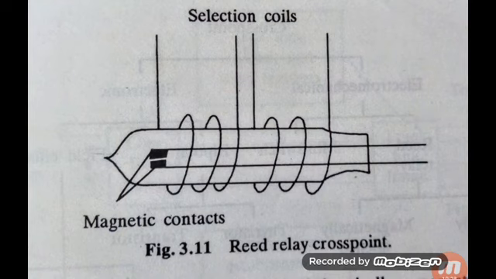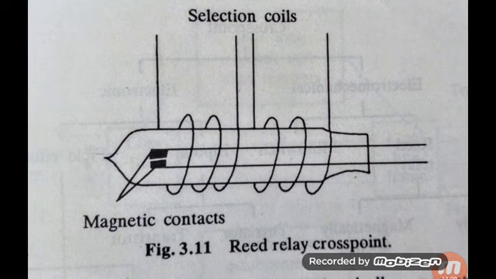The main working function of the reed relay system is making, forming and breaking tracking lines, and it is also used to increase the operating life of the system. That is the main objective of the reed relay crosspoint.